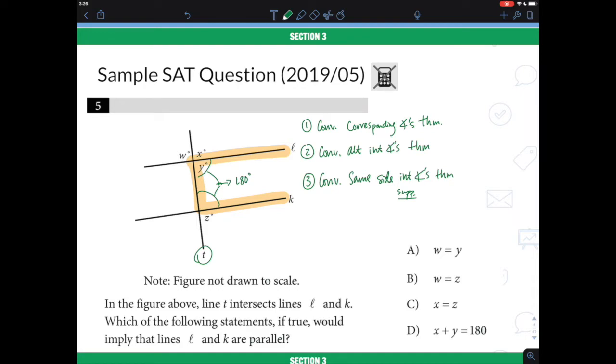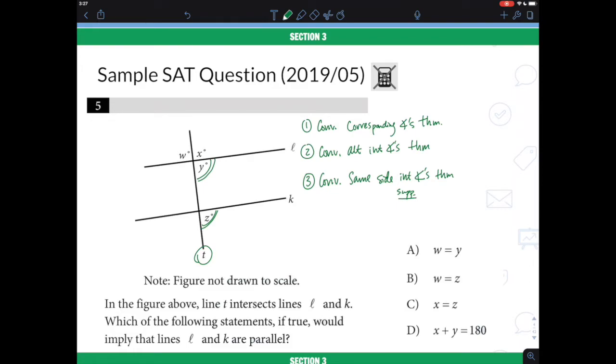So now we have a little dilemma: what will be the correct answer? Wait, hold on. There's a suspect right here. At least we can tell what angles are the same. Earlier, as we went through number one, we said that the Y angle and the Z angle are the same, right? But we don't have that answer choice.